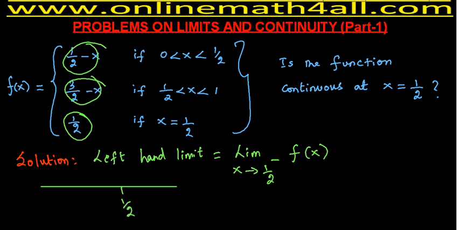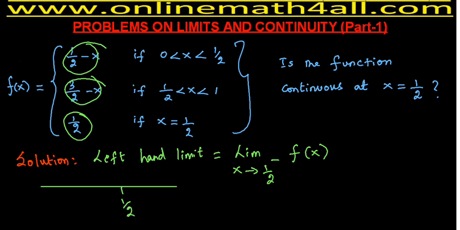Students, please listen to me carefully. Since we are trying to find the left hand limit for x is equal to 1 over 2, we have to consider the values on the left side of 1 over 2 for x. So the values on the left side of 1 over 2 on the real number line are less than 1 over 2. So here the value of x is to be less than 1 over 2, because we find the left hand limit.